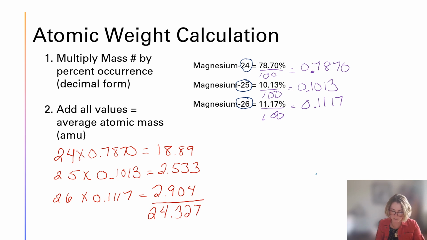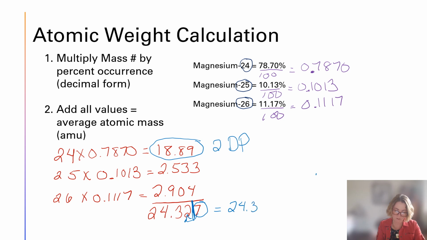But because this first number right here only has 2 decimal places, my final answer can only have 2 decimal places. I'm going to be dropping this 7, which means I need to round this 2 up to a 3. So my final answer is going to be 24.33 AMUs.